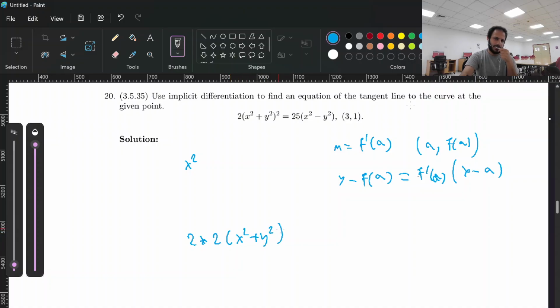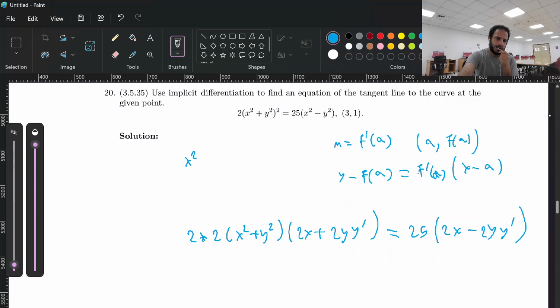Then the inside, the differentiation of it gives 2x plus 2y y prime. So we are done with the left side. Now this equals 25 times 2x minus 2y y prime.